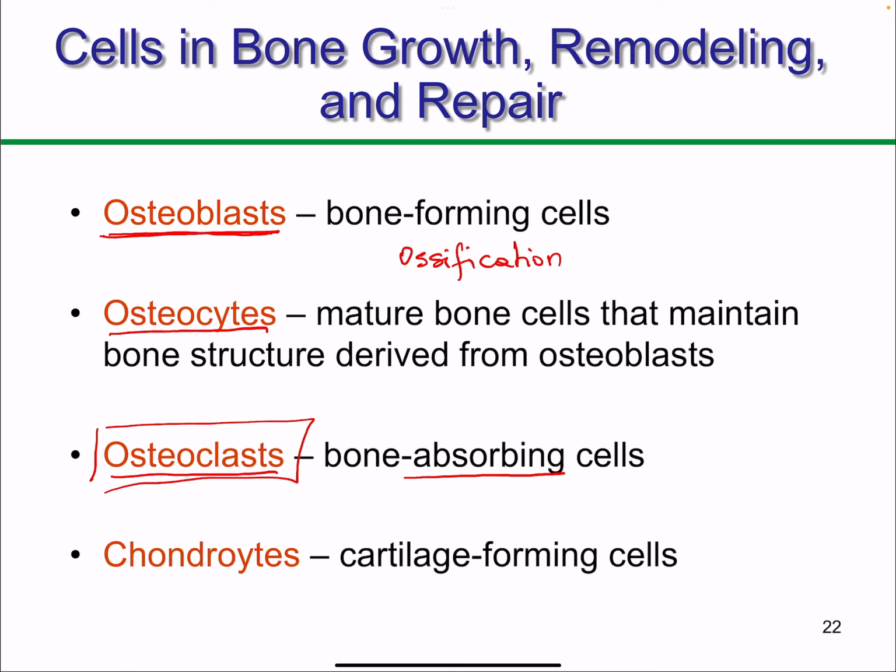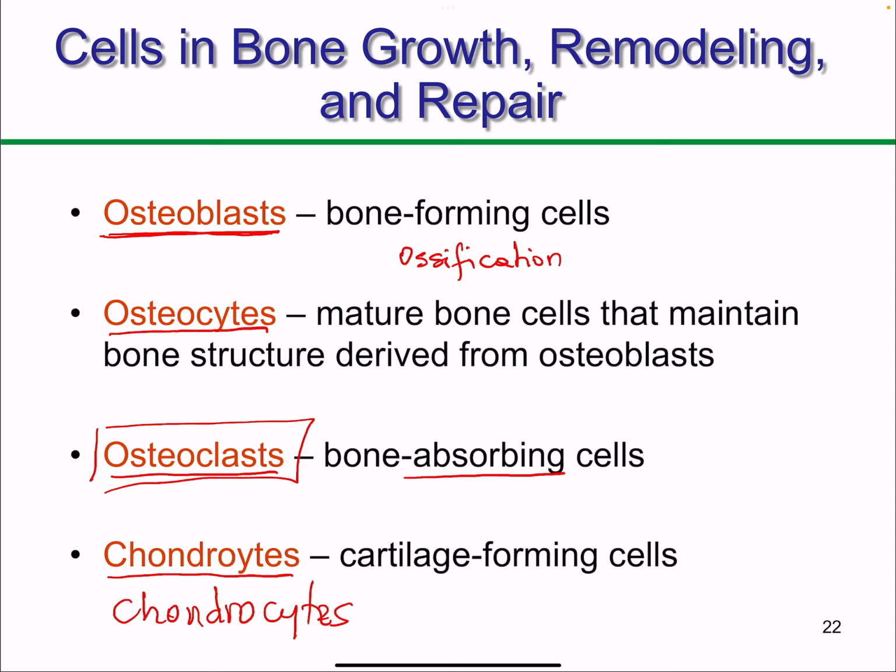All right. Then, the last cell I'm going to address are chondrocytes. Chondrocytes, okay. There is a typo, chondrocytes. Now, the chondrocytes are not bone cells. These are cartilage cells.